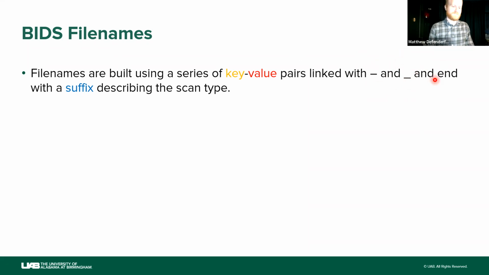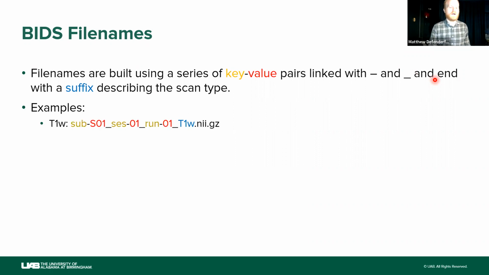So just an example of how these file names look, an example T1 weighted file name might look like this, where you have a key for the subject with the value being the subject name right afterwards, linked via a hyphen. An underscore will separate this key value pair for the subject from the session number.